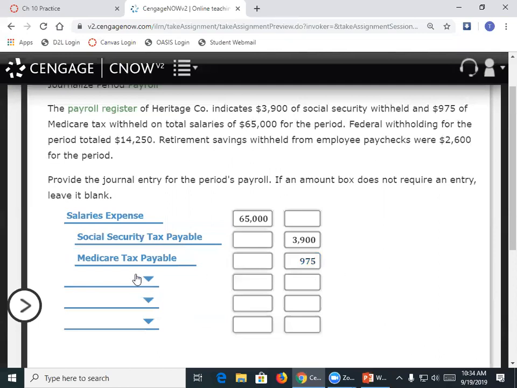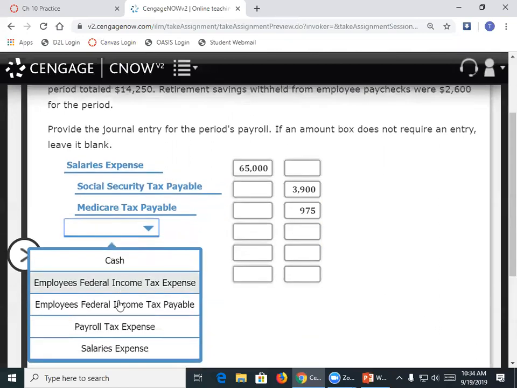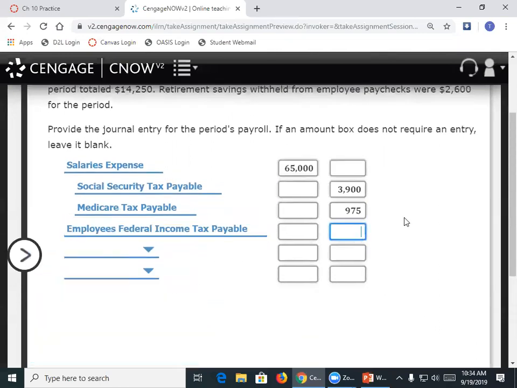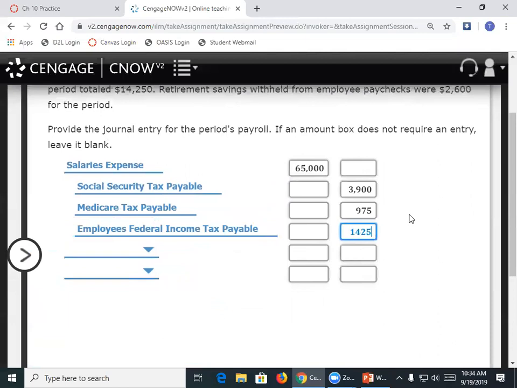We have employee federal income tax payable. And they told us that was 14,250 credit.